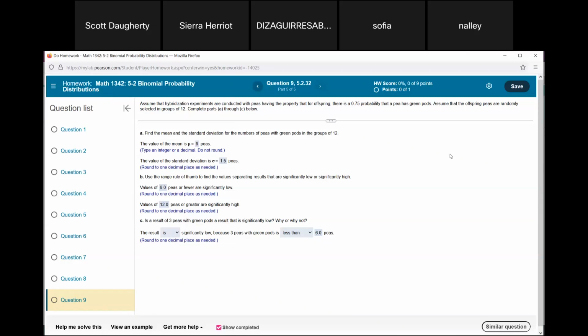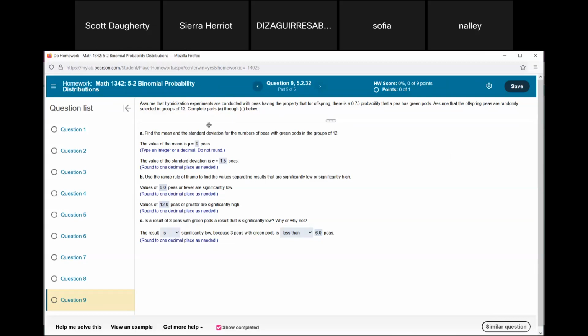Basically, when you do these hybridization experiments, there's a 75% chance that the pea you generate will have a green pod. And they do this 12 times. And they want to know, on average, how many of the 12 will end up having green pods.